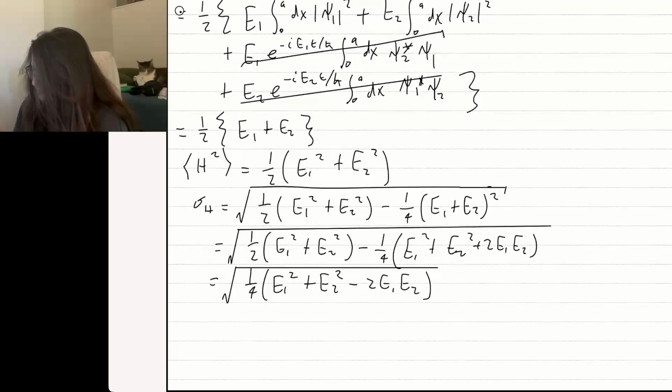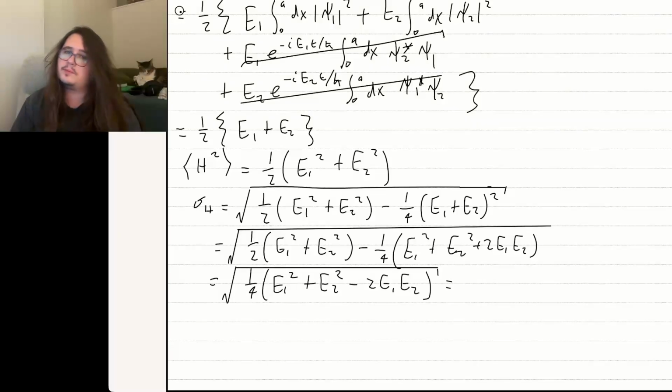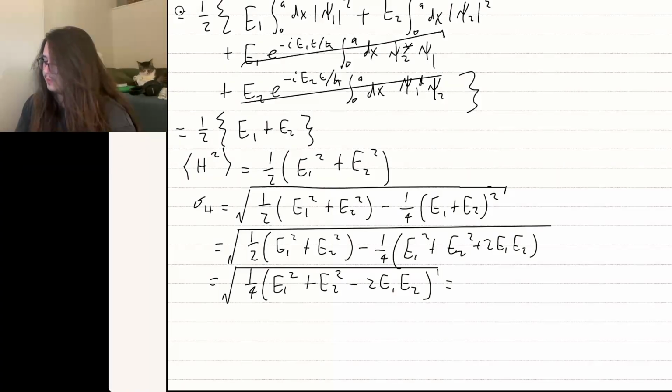Right? So that's E1 minus E2 squared times 1/4, and with the square root, it's just 1/2 times E1 minus E2.